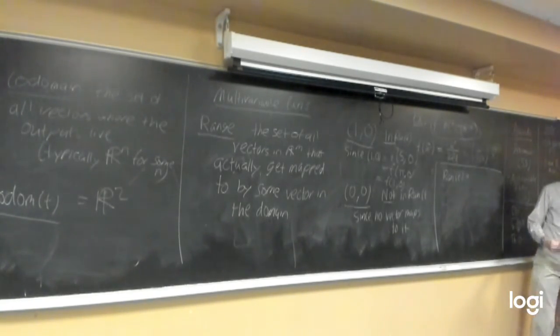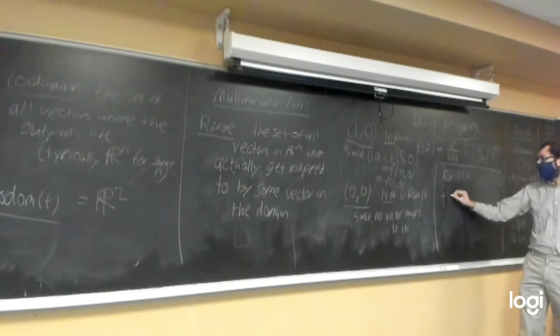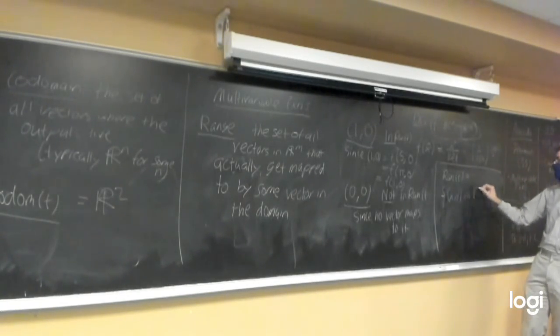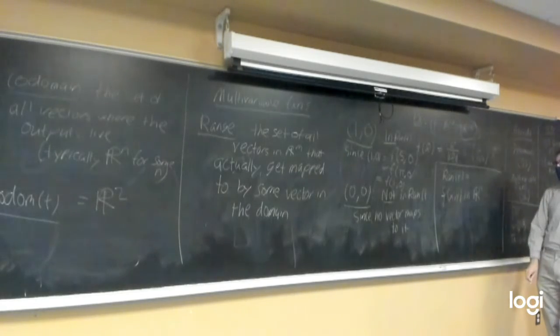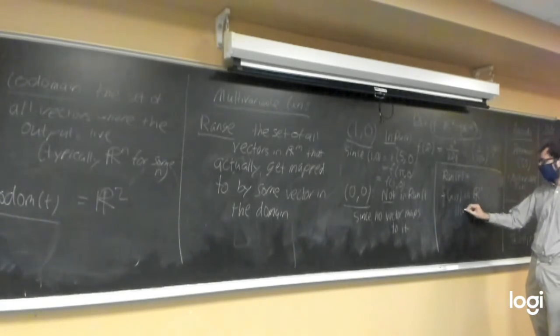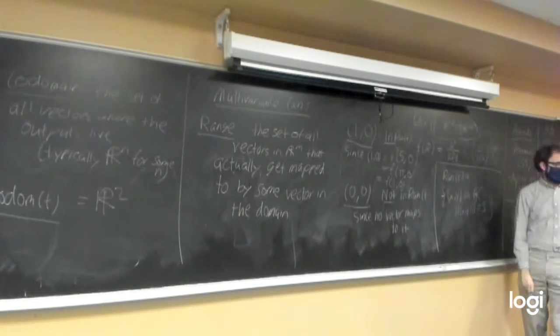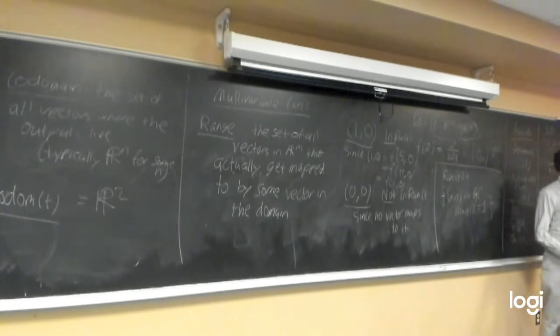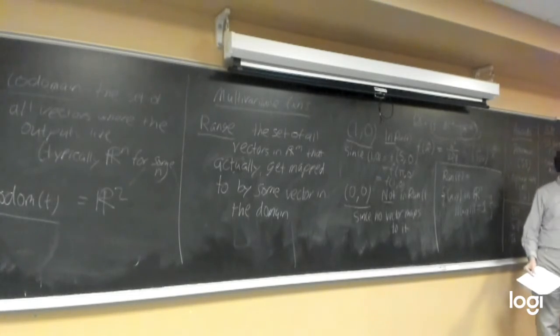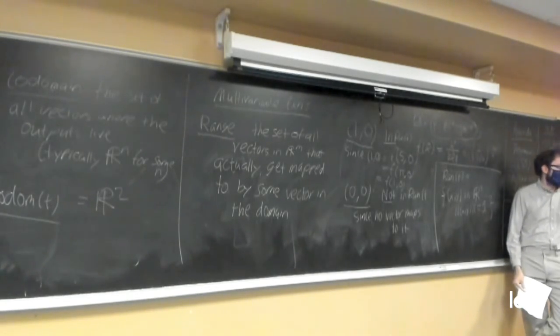This is going to be x, y vectors in R2, such that the magnitude of x, y is equal to 1. Like that? I like it. Yeah, nice job. It's the set of all vectors whose length is 1.